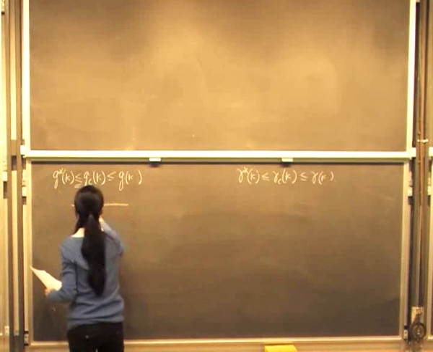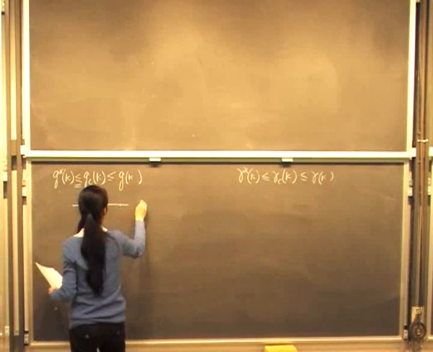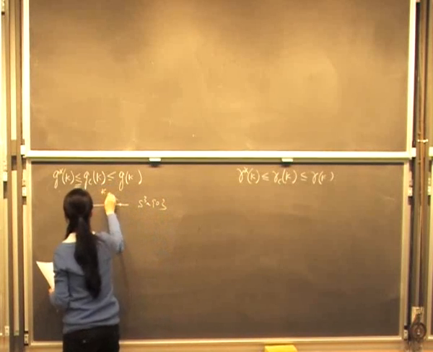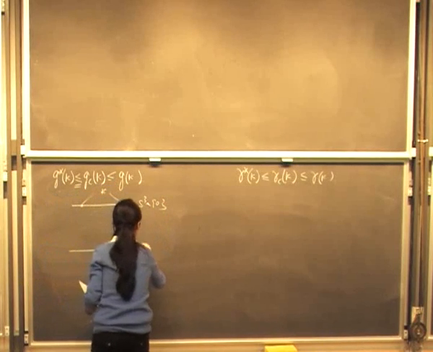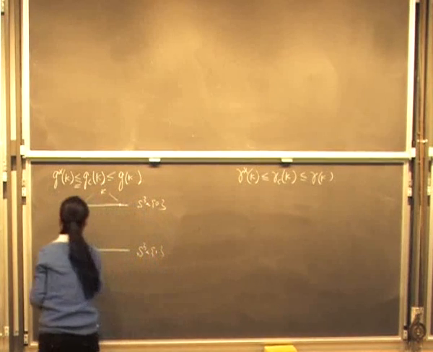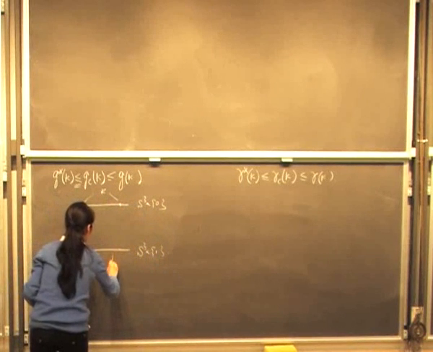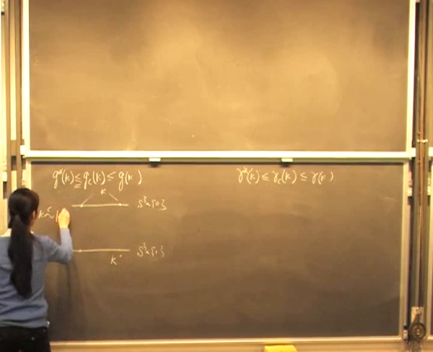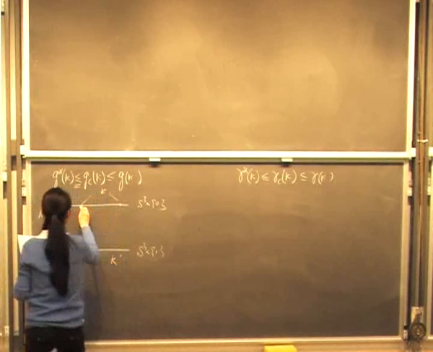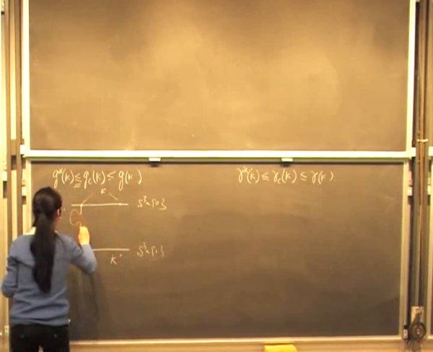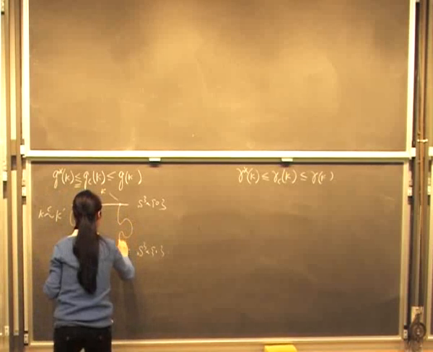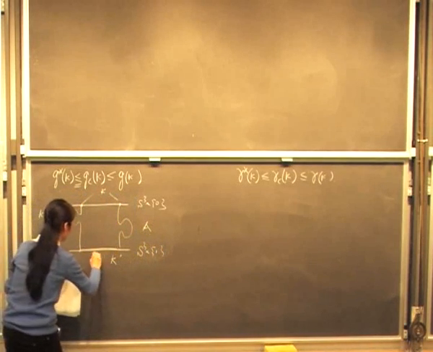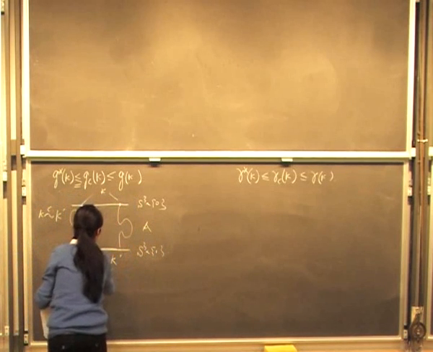Suppose this is our knot K in S3, and this is S3 cross 1, and this is K1, and K is concordant to K prime. So in this case, there is an annulus, we call it A. And this K prime bounds the surface F in S3.